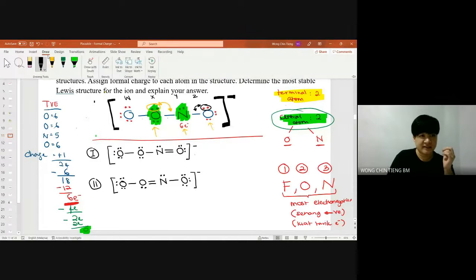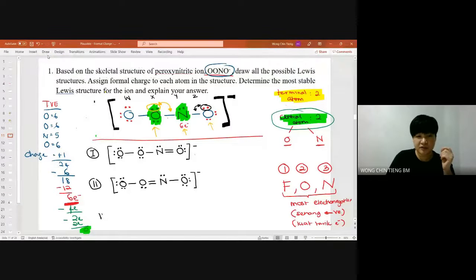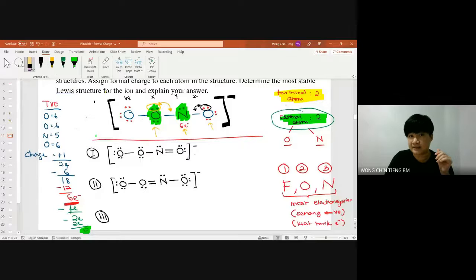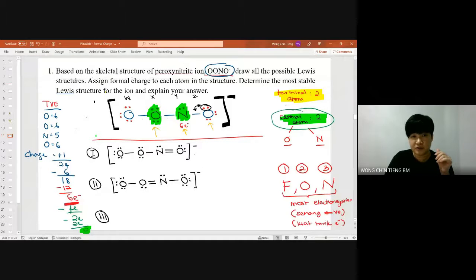Let's see. We actually have another possible that you will say yang saya akan buktikan bahawa yang ketiga ni adalah yang paling tak stabil. So I want to remove all this yang saya dah conteng. Okay. And look at how much I remove. I remove until all this lone pair. Okay. Saya tunggal kat sini.